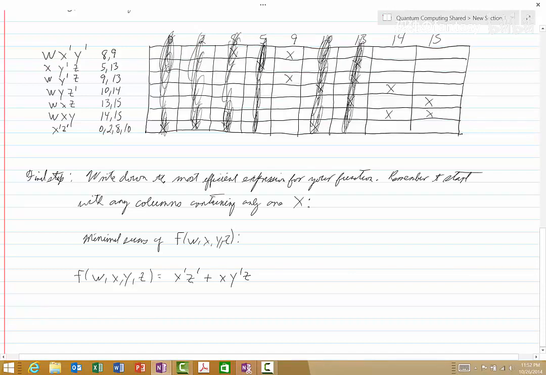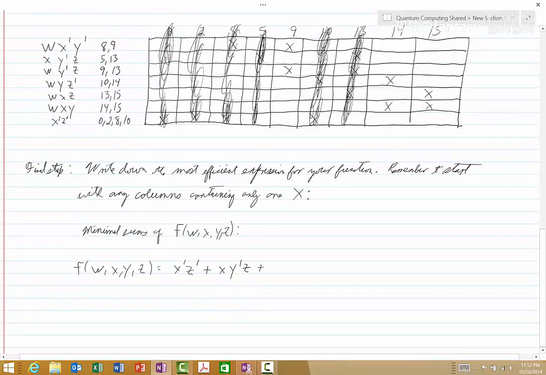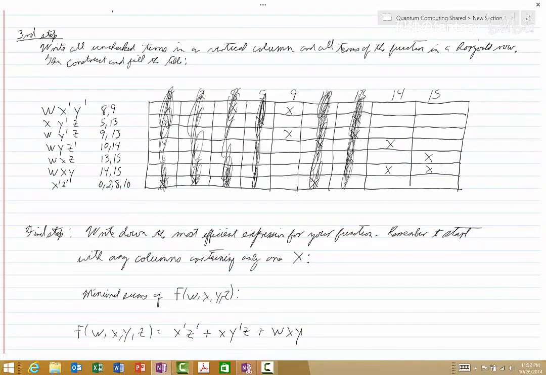Let's go with 14-15, which is w x y. So I'll have or w x y. And by choosing that, since that's the 14-15 term, that eliminates columns 14 and 15. And now I have only one remaining term that needs to be accounted for, and that's 9.